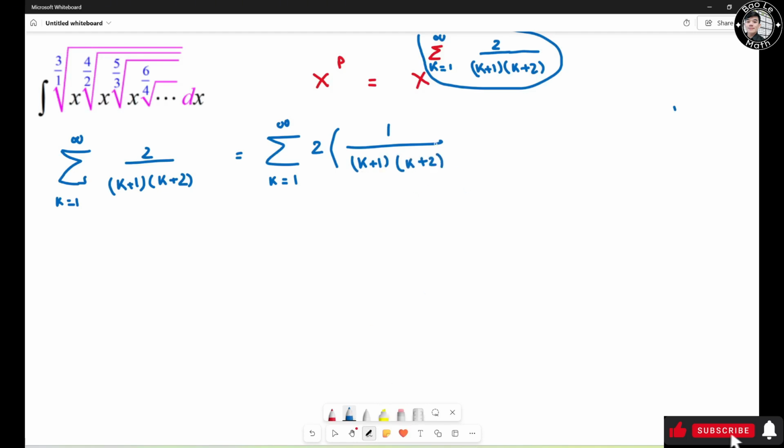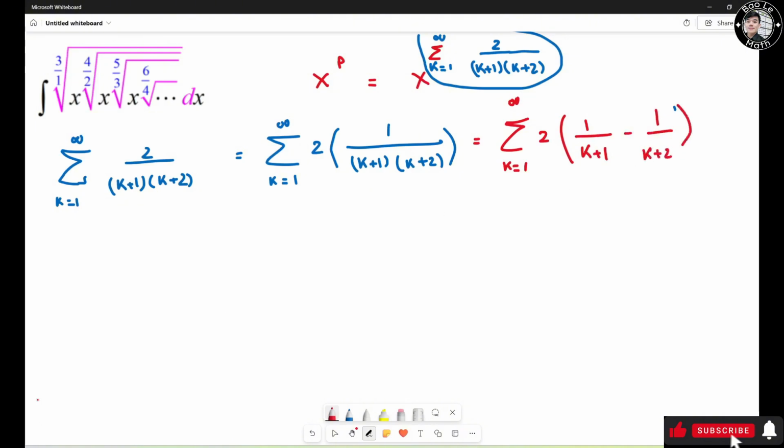This is actually a telescoping series, so you can use partial fraction decomposition. This turns out to be the sum when k goes from 1 to infinity of 2 times 1 over k plus 1 minus 1 over k plus 2.